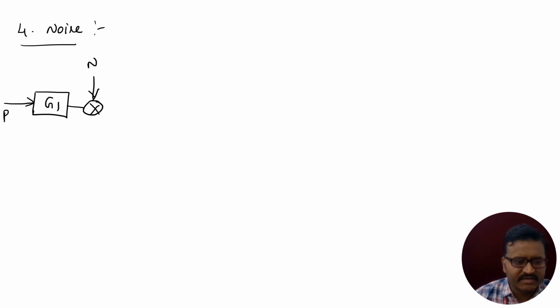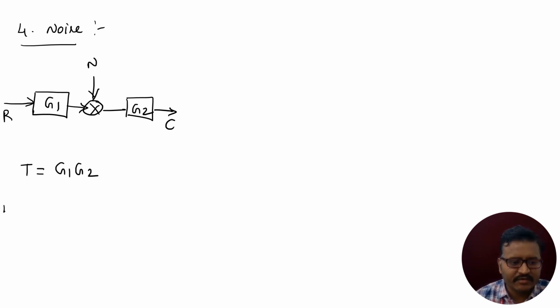This is the reference input, and here we have another plant gain G2, and this is the controlled output. The total gain T without the presence of noise is G1 G2. With the presence of noise, it is equal to G2. This is in open loop.